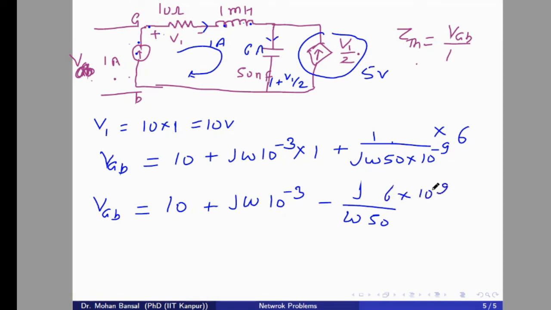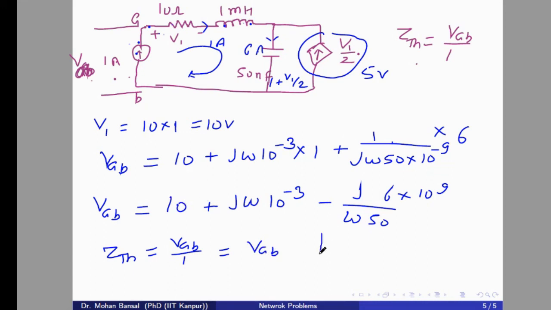We can write it this way also. Okay. So now what we have to compute? This ZTH will be VAB divided by 1, so it is equal to VAB. So whatever we are computing here, that is the ZTH only.